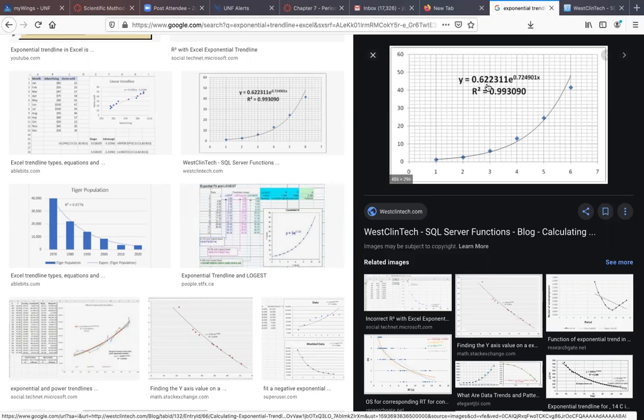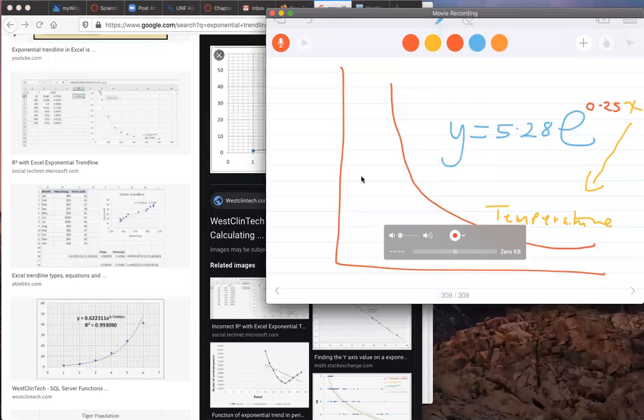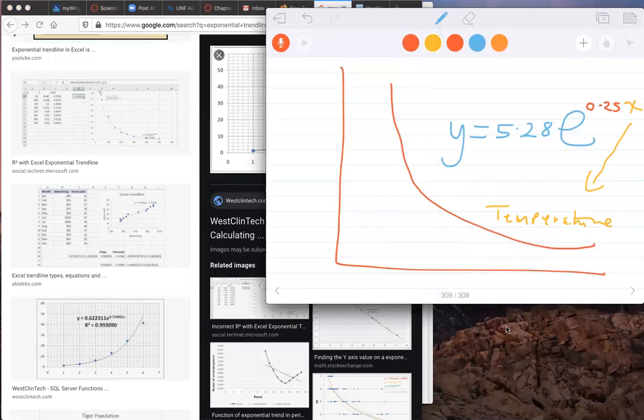This x is now the different temperatures given in the question. Let me minimize this. This is what I am talking about right here. Yours might be like this.